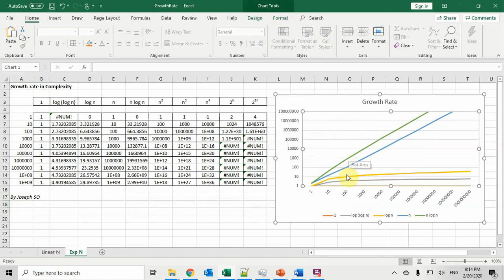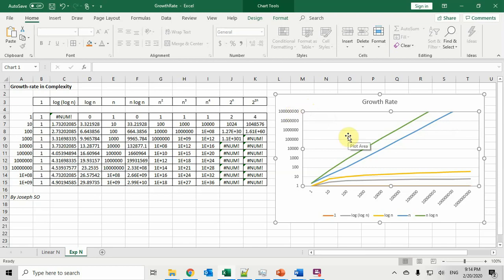Then you can see that if we make use of logarithmic representation, when the number is going very large, the logarithmic function will keep the value low. But if n is involved, then the size will grow accordingly.